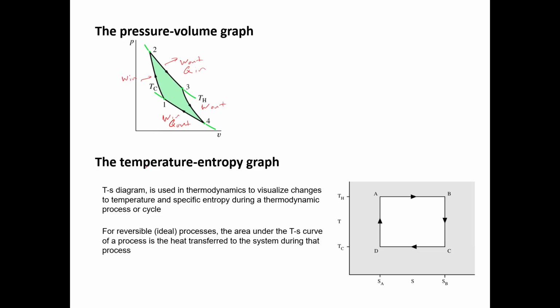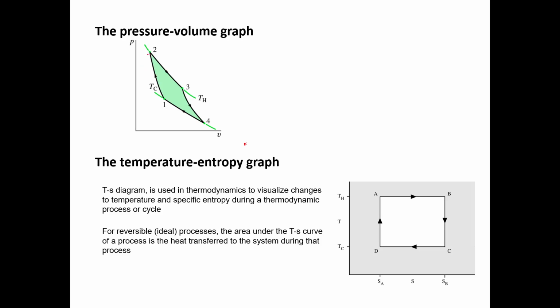So the question is, does this convert heat into work? Yes, of course. You can see this area is basically the total net W out. This area is the net W out. So then what is the Q in?